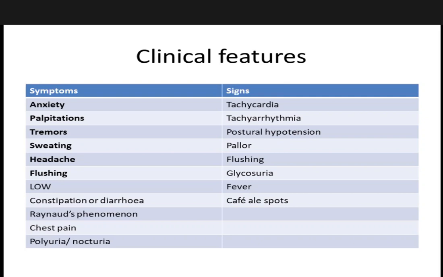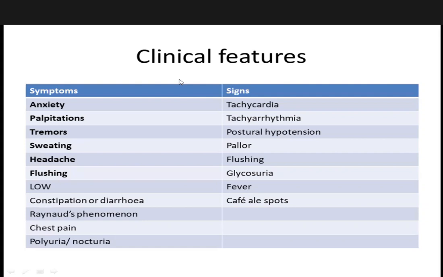Right? So intermittent clinical features are highly suggestive of pheochromocytoma, together with elevated blood pressure. In addition to that, they can have loss of weight, constipation or diarrhea, Raynaud's phenomenon, chest pain, polyuria and nocturia. And importantly, these individuals have postural hypotension as well.